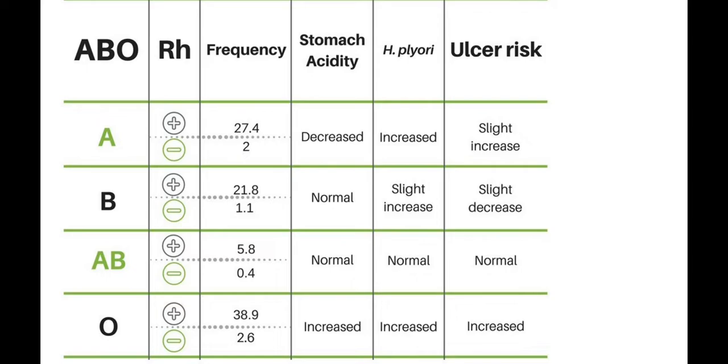So at least they have to take care. And groups B and AB are considered normal, so they can digest both animal proteins and vegetables and plant-based food.